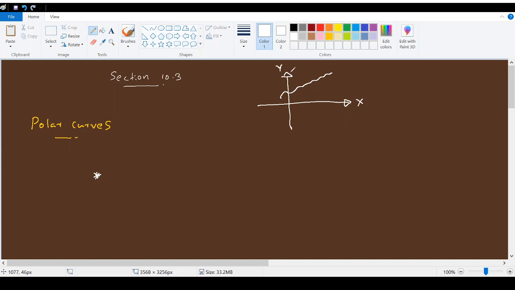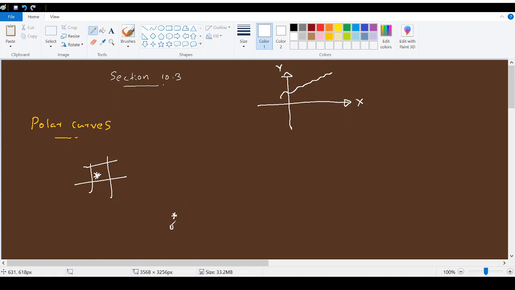So there are no x and y axes in the polar coordinate system. That's the most important thing you should realize when it comes to these polar curves. There are no x and y lines in the polar curves, right? You just have the polar coordinate system.